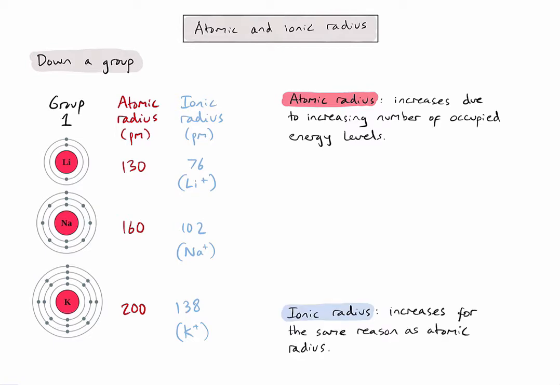It's also useful to compare the atomic radius for each atom with the radius of its ion. And you'll see that in each case the atomic radius is larger than the ionic radius. To explain this, we need to recognise that each of those group 1 elements is losing one electron, meaning that the number of occupied energy levels is decreasing.